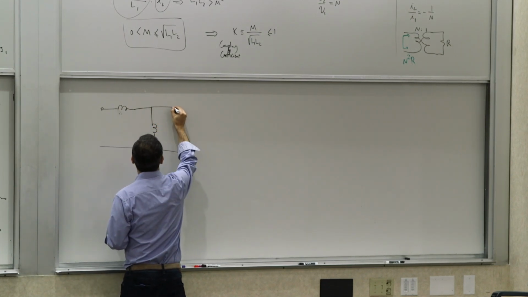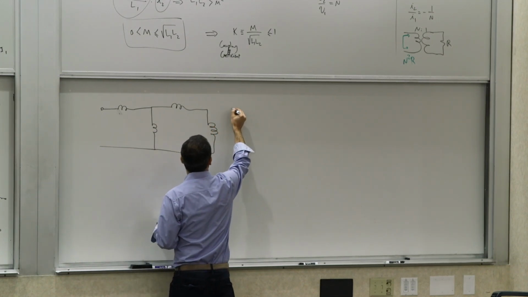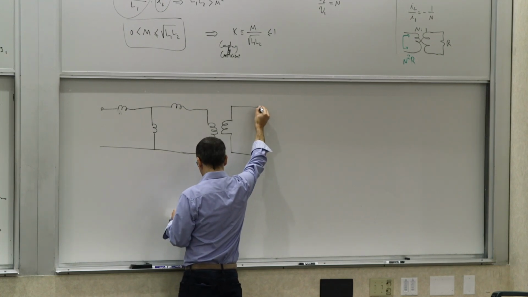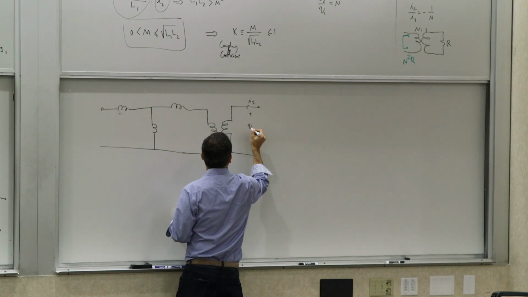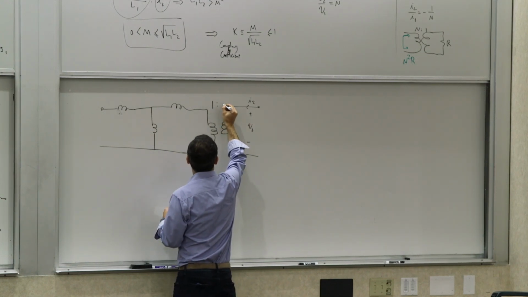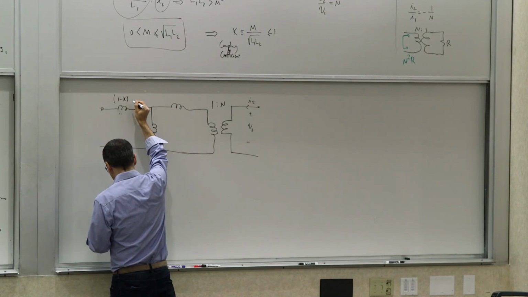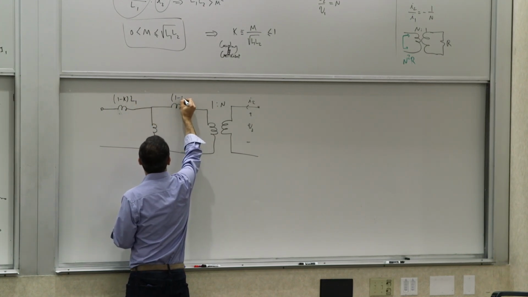So in general, a transformer can be modeled in the following way. And you can see it comes directly out of that T model that we produced and the ideal transformer model.